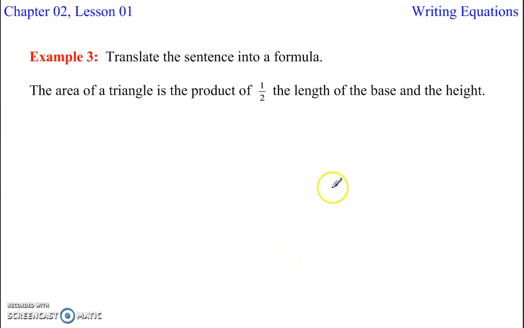We're translating this into a formula. A formula is a rule for the relationship between certain quantities. So here we have the area of a triangle. Area, we'll go with A for area, is, there's our little keyword, equals.